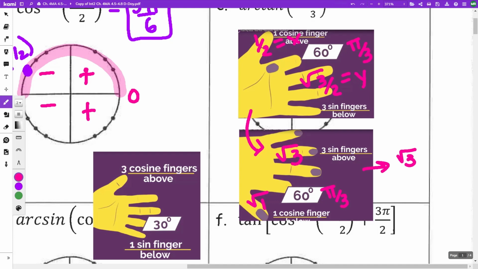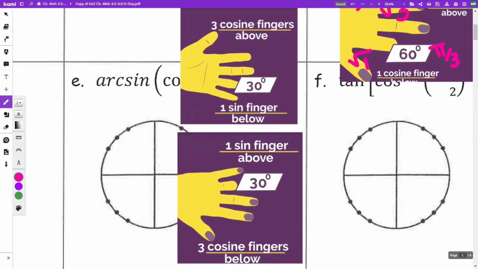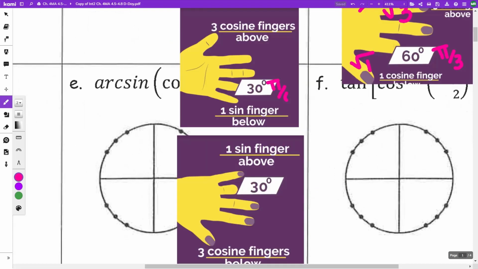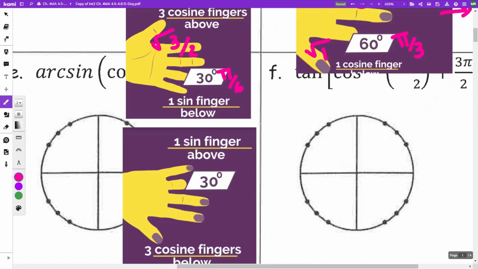Now, when we have 30 degrees, which is pi/6, we have root 3 halves above for our cosine, and for our sine, we have root 1 over 2, or 1/2, below.